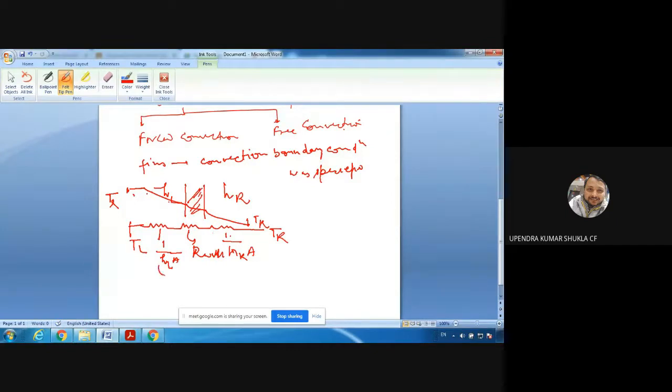Here also we used h, but h was given to us. So we have not discussed yet how to find these values of h. How to get these values of h, we will discuss a bit.